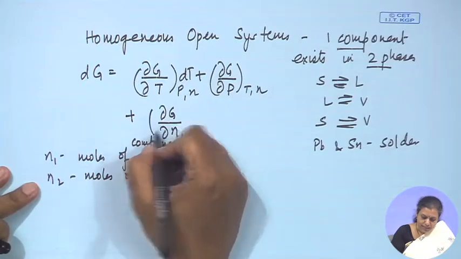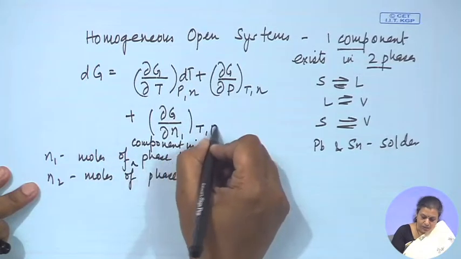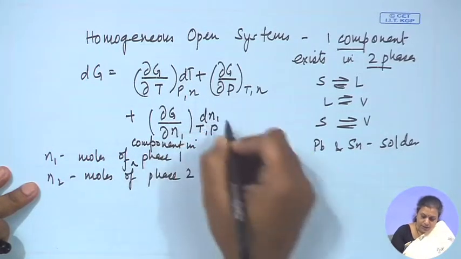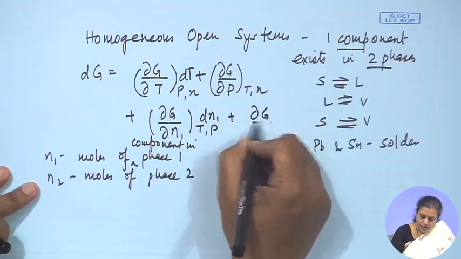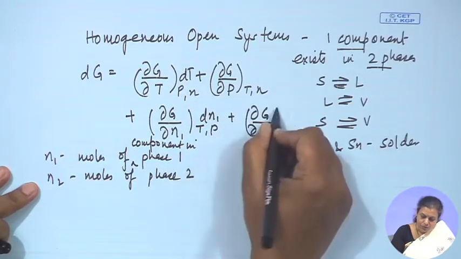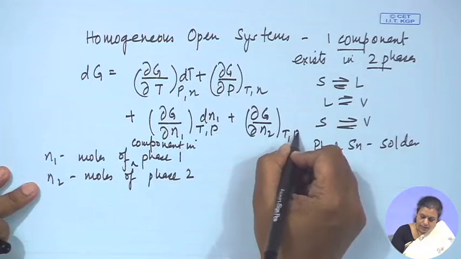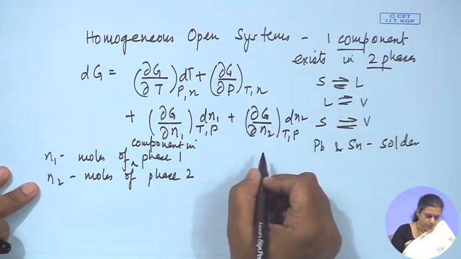So, this is (del G del n1) under constant T, P dn1 plus (del G del n2) constant T, P dn2, right.